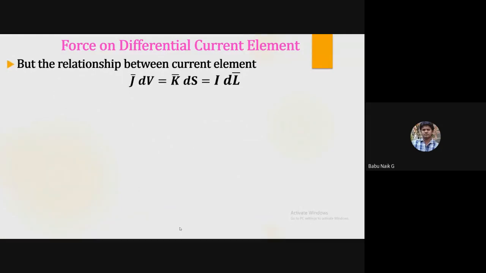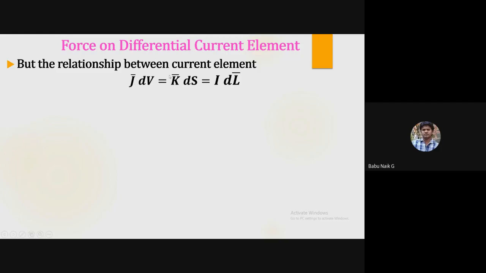So the relationship between the current element: we have seen that in a conductor, a current carrying conductor, that is one straight line wire. Now in a similar way, if you take the surface current element, that is K bar ds, and if you consider the volume charge, then the current is distributed as the current density.